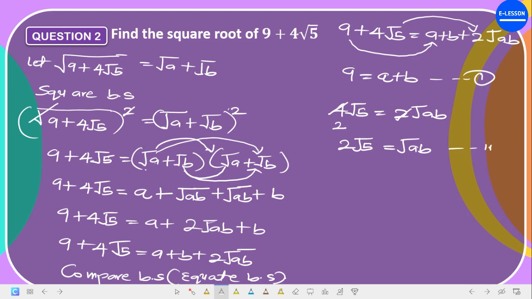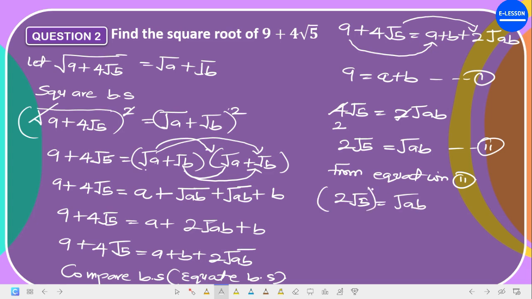And now say this is equation 2. So at this point in time, what can we do? From equation 2, this is a very lengthy one, but we are going to take it. 2 root 5 is equals to root ab. To remove the root from here to make it easier, what do you do?